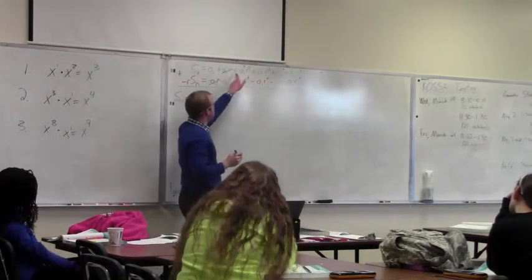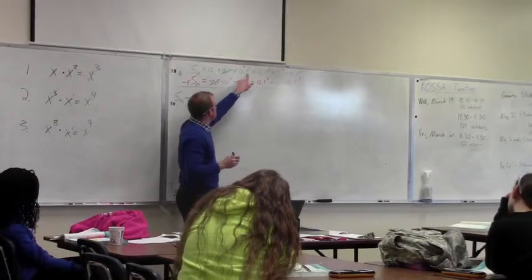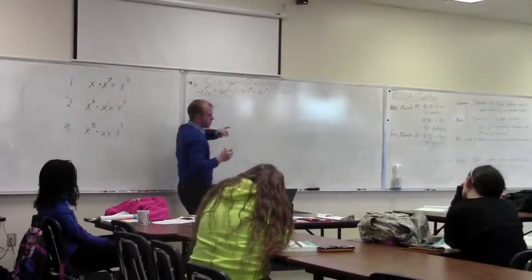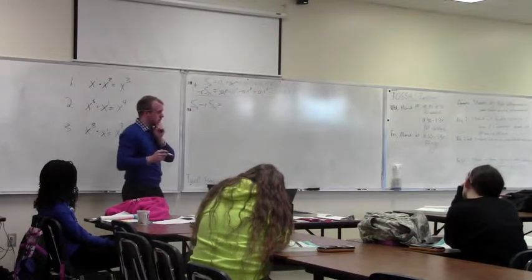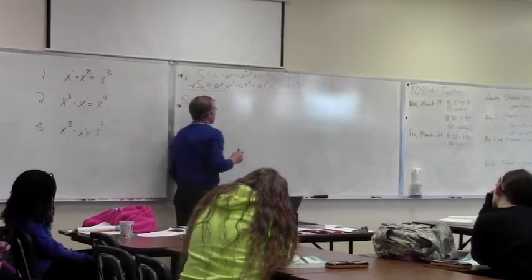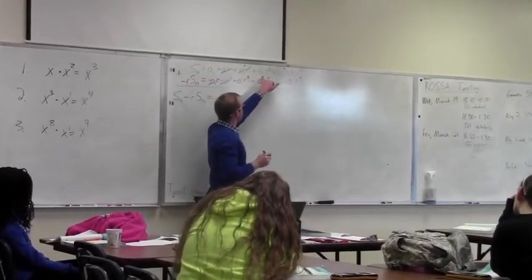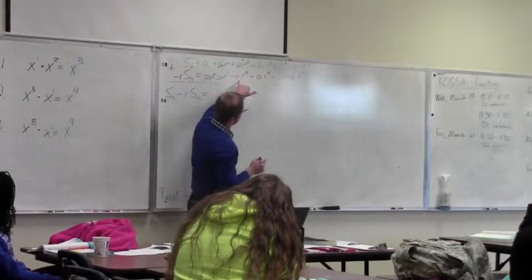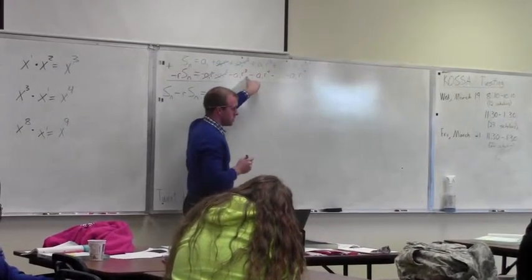If I have positive a sub 1 r squared plus negative a sub 1 r squared, Harmony, what happens there? They cancel out. Summer, this one's for you. A sub 1 r cubed plus negative a sub 1 r cubed.